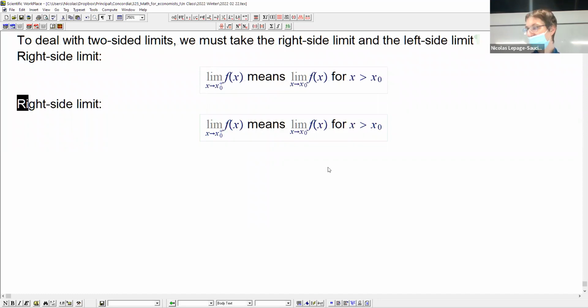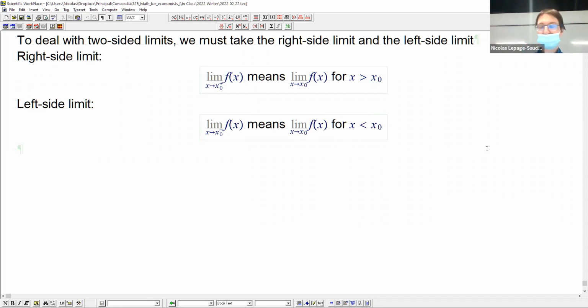The left side limit: we see that we go from negative values to x0. So we need the limit when x tends towards x0, when x is smaller than x0. So we're arriving at x0 from that side.